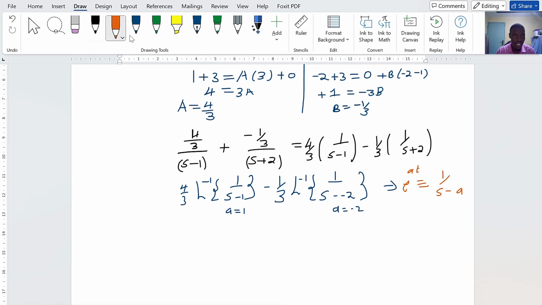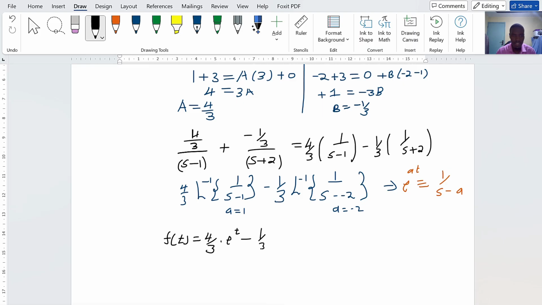So in the first case, our f of t, which is our function, will be 4 over 3 dot e to the t. Why? Because a is 1. So s minus a gives e to the t, so a is 1, so it remains e to the t. We are doing the reverse. So we are moving from here back to here.